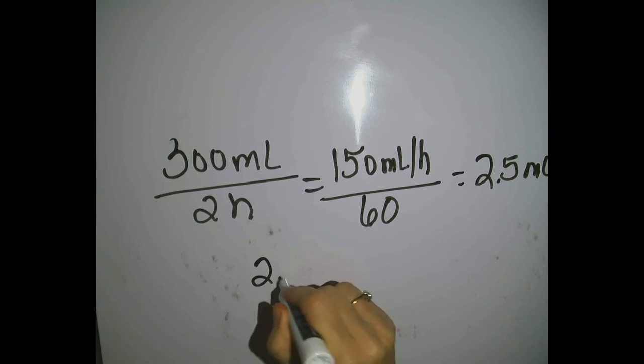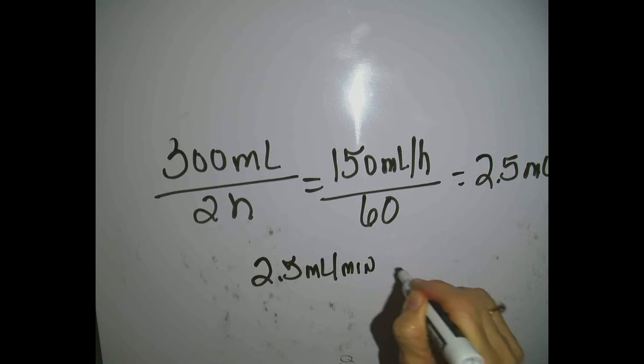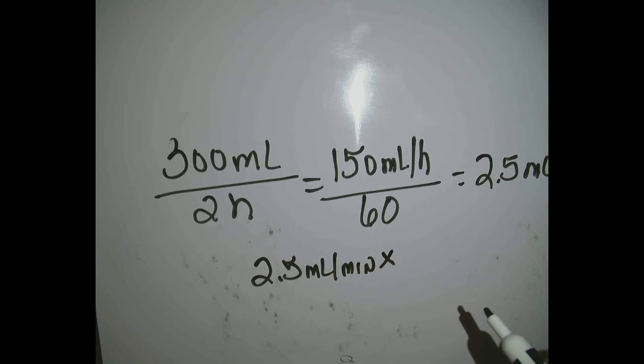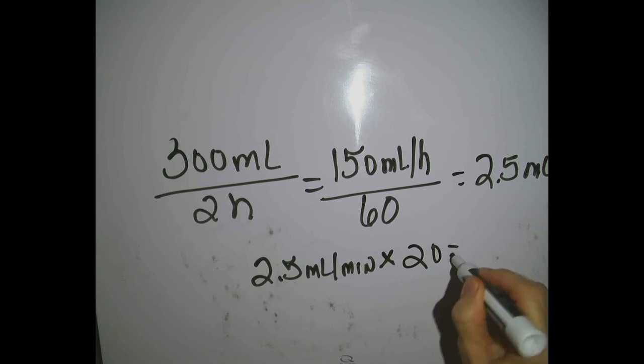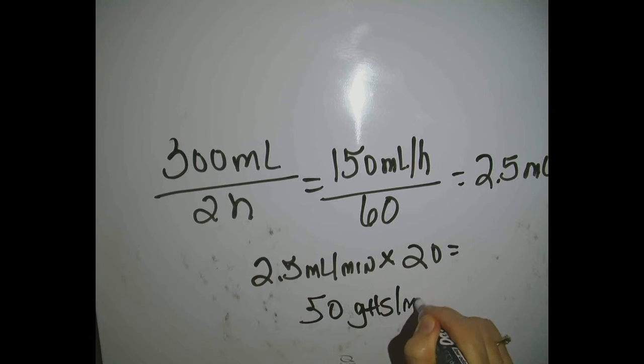We take our minute rate and multiply it by the drop factor, which in this example is a tubing that delivers 20 drops per milliliter. And our answer then is that we are giving 50 drops per minute.